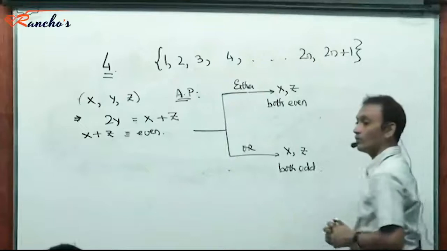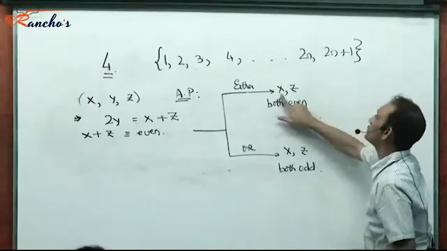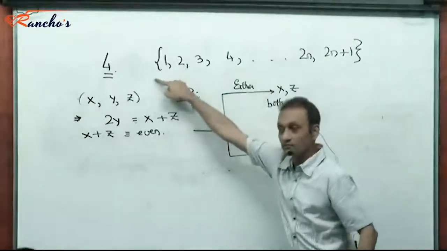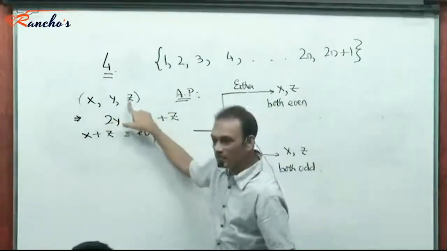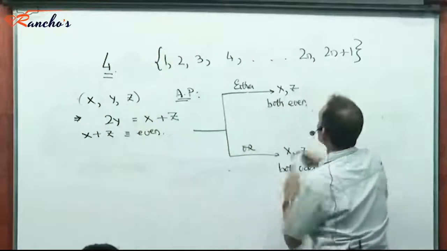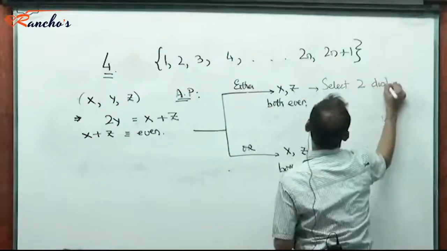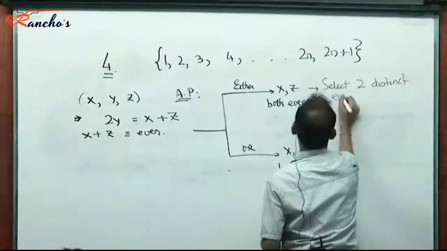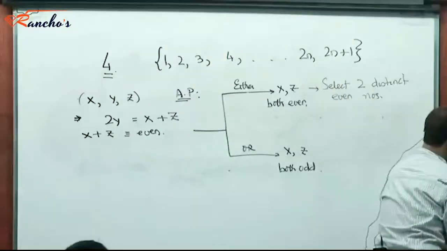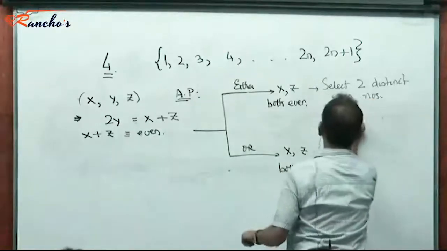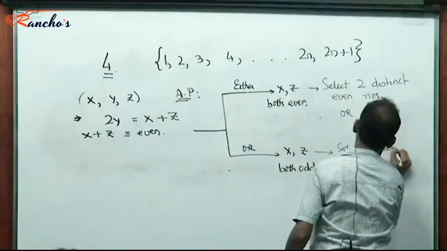So the problem boils down to figuring out in how many ways you can select two even numbers from this. And they have to be distinct, by the way, because x and z in an AP would be distinct. So it means select two distinct even numbers from the set, or you select two distinct odd numbers from this given set.